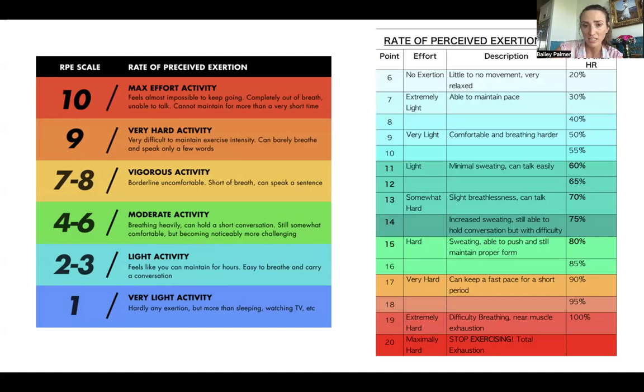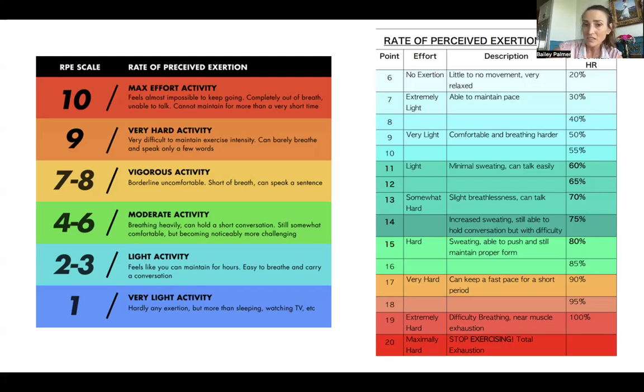Borg is the name of this RPE scale. I don't know why it starts at 6 and not at 1, but 6 is no exertion, little to no movement. You're very relaxed, at 20% of your max heart rate. Then we look at 11, which is light exercise, minimal sweating, but I can still talk easily.